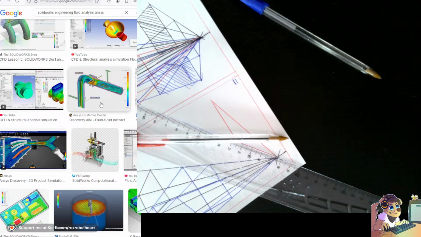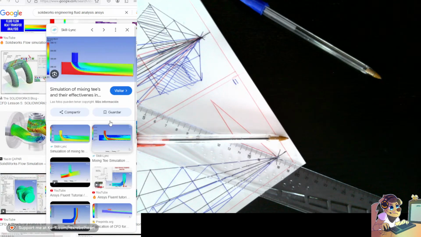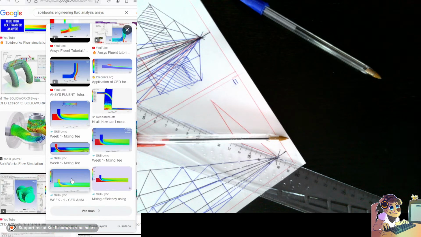I'll work on models like this for flow simulations and stuff like that. This is one of the jobs that I do. I'll do some basic modeling of rudimentary shapes with something called SolidWorks, that's the 3D program, right?